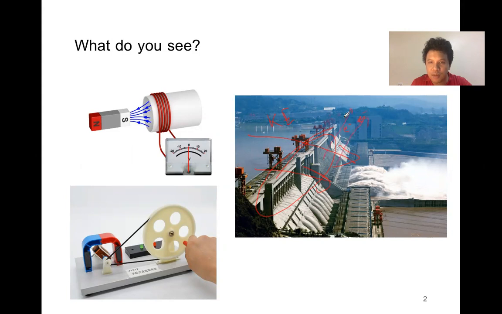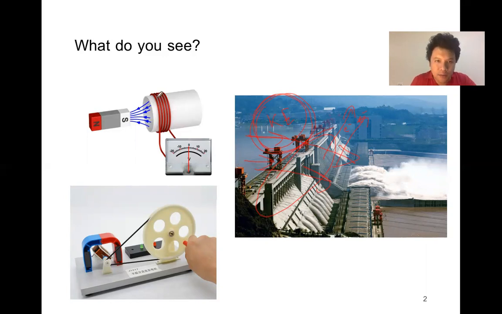Then we give the flow of electrons to households, and we use the energy from the electrons for our use. So how can we actually transform the kinetic energy, or the motion of water, into electric energy? In this lecture we have the answer.